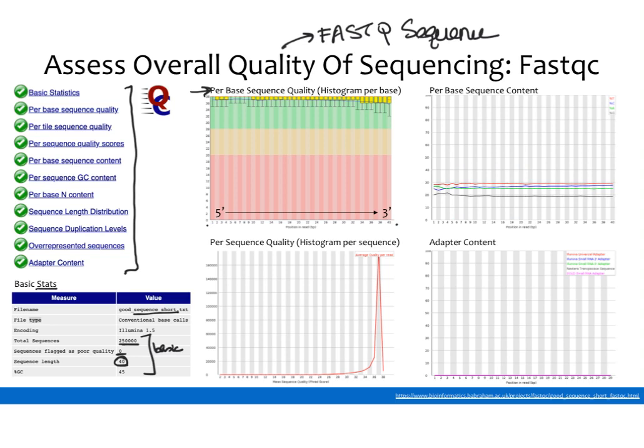If almost all of them do, then it's going to be up here in this green area. But if a lot of them are 24, then I'm going to see the histogram bars extend down to 24, and so on. For example, if these bars extended really far down, then I would know that at the 3' end of my sequences, there were a lot of mistakes. But the way it looks right now, we know that overall the bases look really good, and our sequence quality looks really good across the entire length of the sequence.